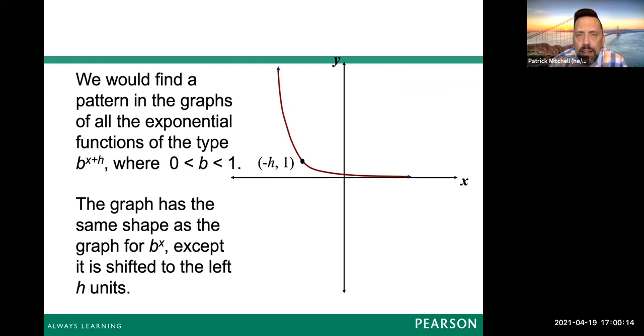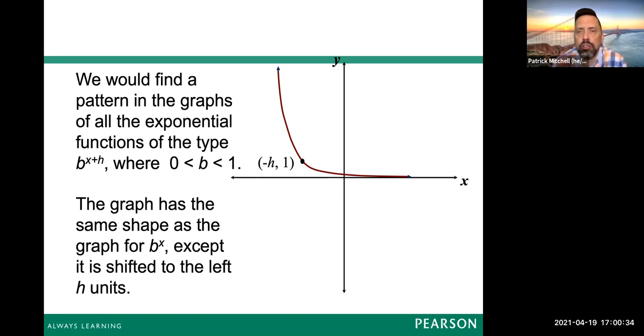Now let's say that your base is between 0 and 1, and you replace x with x plus h. That would shift the graph h units to the left, all right?